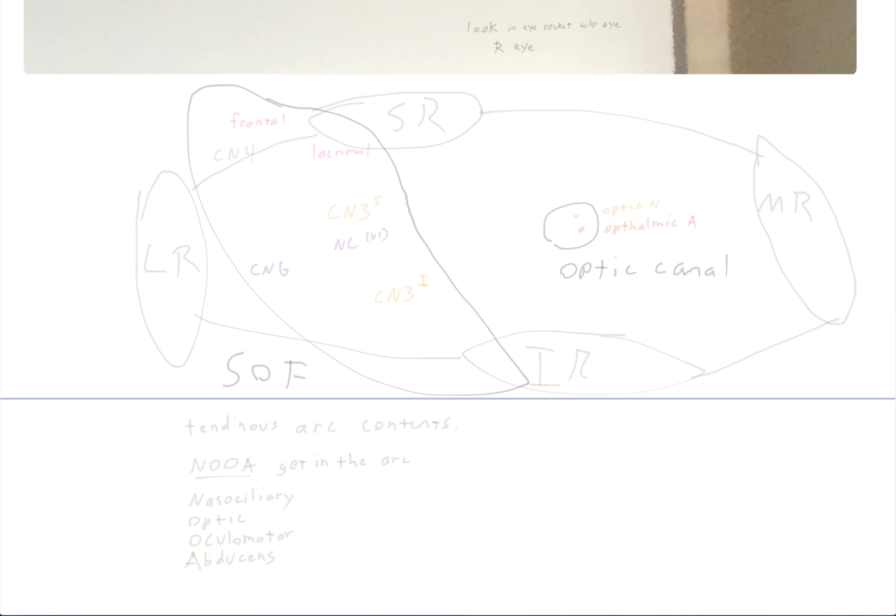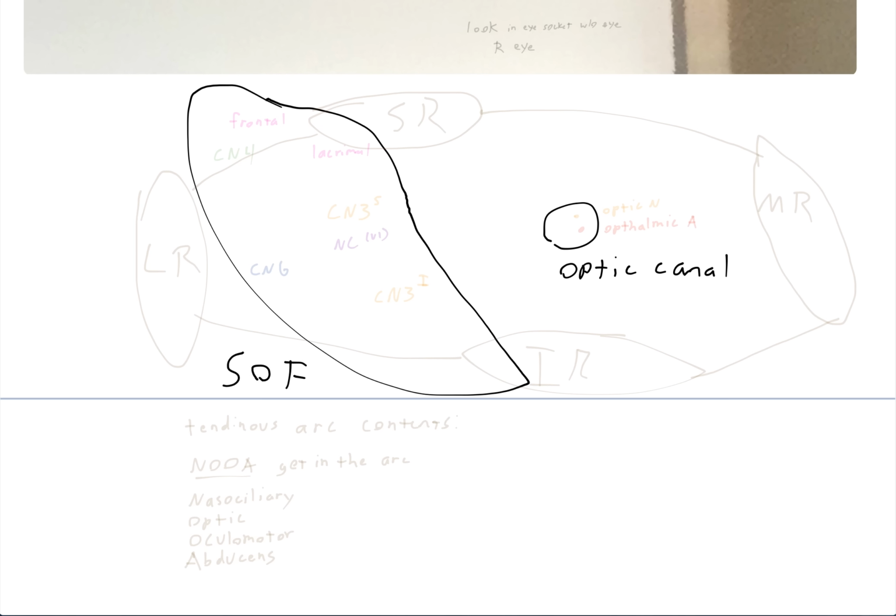Two holes, right? The two holes in the back of the orbit are the optic canal and the superior orbital fissure. Everybody understands. You look through the orbit from the outside, there's no eyeball in there. You see those two holes in the back, and that's what all these nerves are using to get forward, to get to the eye.